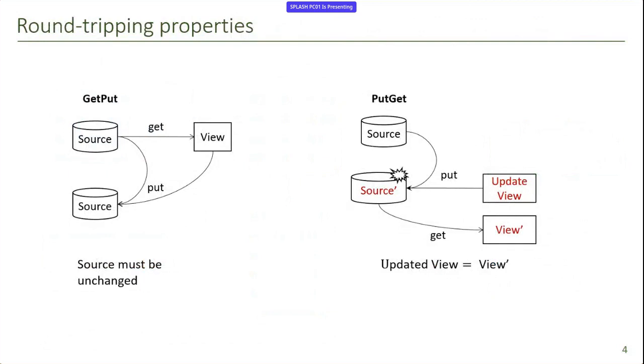Usually, for the view update problem, many people formulate the properties of a view update translator as round-tripping properties. On the left-hand side, if we make no change to the view, then there should be no change to the source, so the update translator should output empty. On the right-hand side, if the view is updated and we translate the view update into a source update, then we should obtain the same view by applying the view definition get over the updated source.